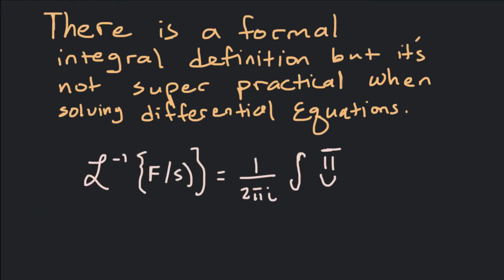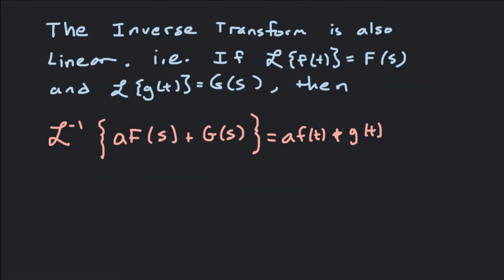There is a super formal definition of the inverse Laplace transform, but we're not going to go through that. It's not practical for us to use that to solve differential equations. We're going to use this natural idea of an anti or inverse Laplace transform, undoing the Laplace transform. The Laplace transform also has the linearity property that we've talked about before.